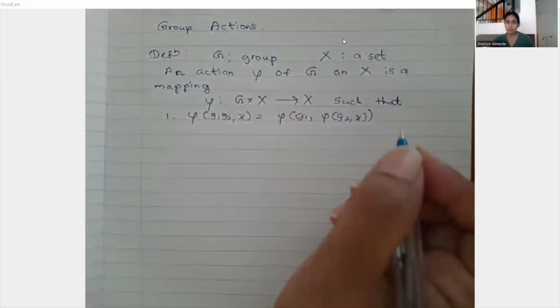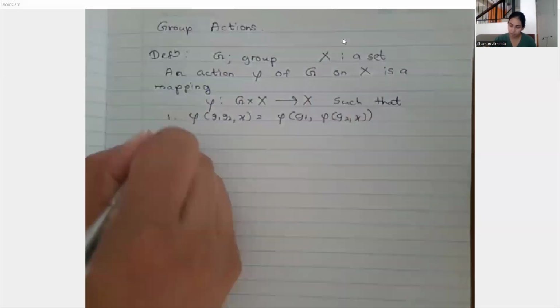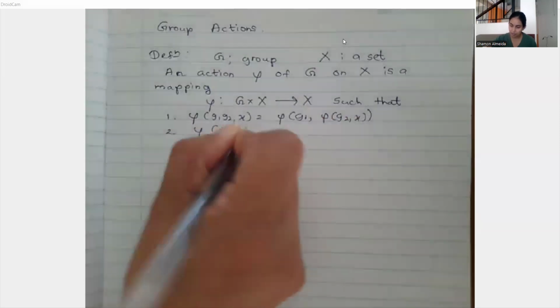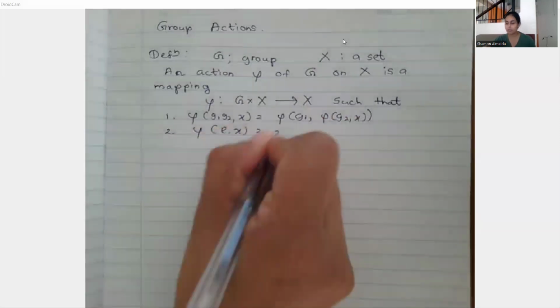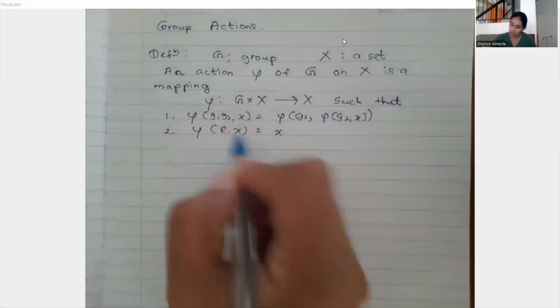This is for every G1, G2 that you take from the group and X that you take from the set X. Then phi of the identity times X is equal to X for all X that you take from the set. And we somewhat shorten this notation.